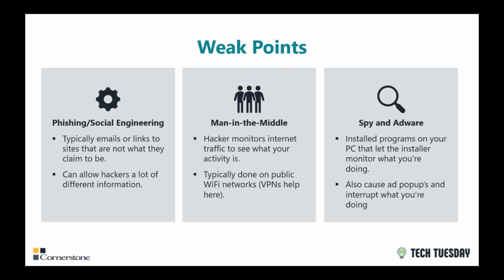When will they be gone from the office? When can I get in to access their direct hardware? Or maybe they're trying to gain a generic password that you might use and try to break into your accounts that way. It's just using weak points in systems, which are people, and trying to exploit relationships between people to get access to sensitive information.